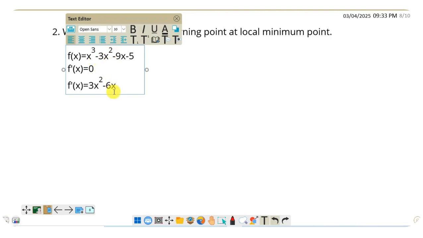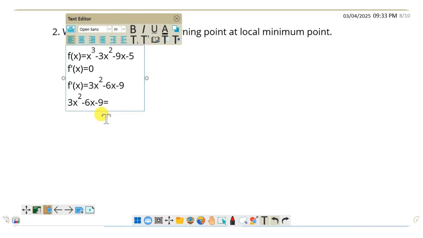Then minus 9, and 1 minus 1 is 0, so x to the power 0 is 1. But what I see from this is that it can be simplified by dividing everything by 3, so I'll equate it to 0. I'll say 3x squared minus 6x minus 9, equate it to 0.